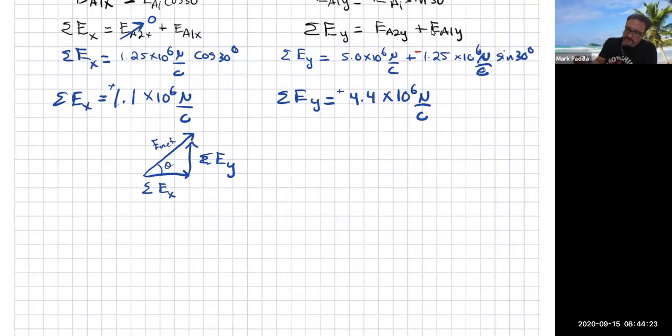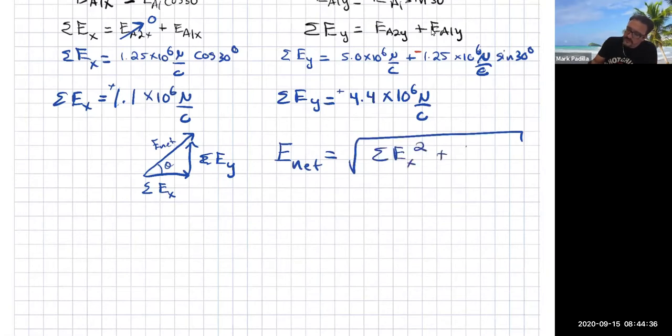This can be a theta. So, E net is the square root of the sum of E to the x squared plus E to the y squared.